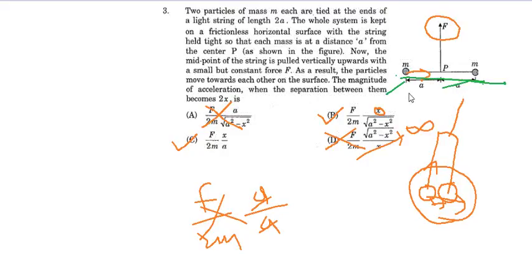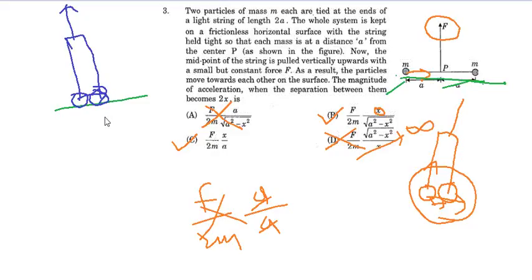Now let's assume a is 0. Let's assume that we have a situation where a is 0. This is our initial question. Then what is the acceleration of these masses? What should be the acceleration of this mass?